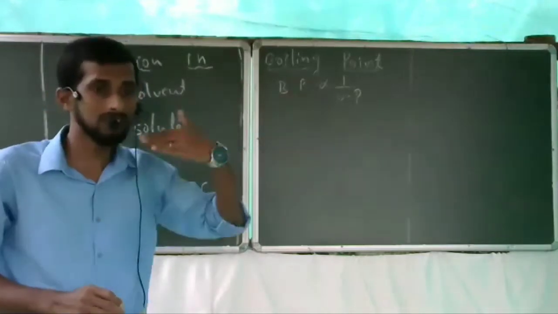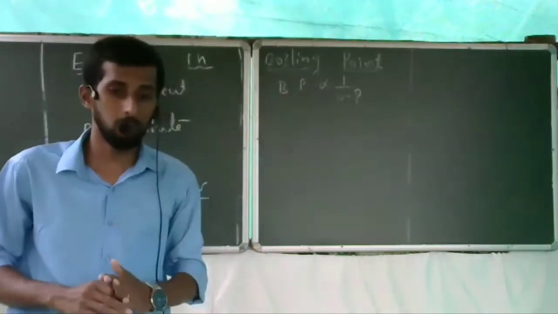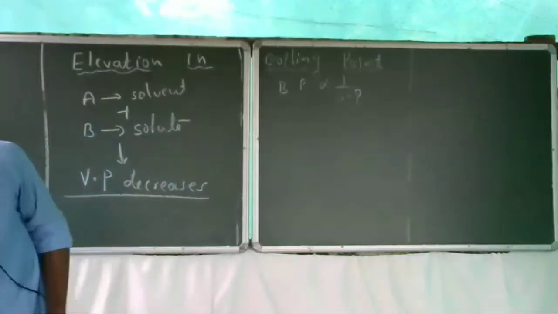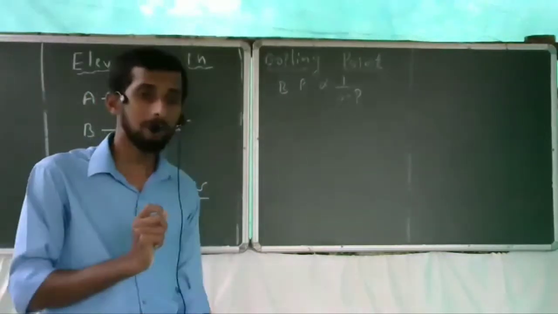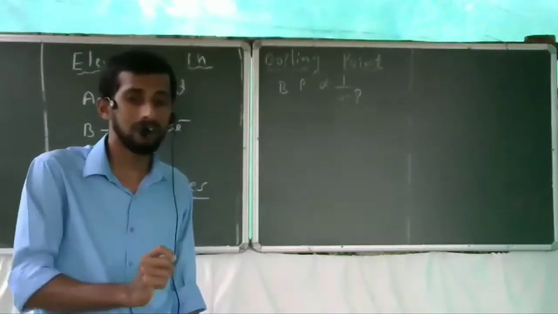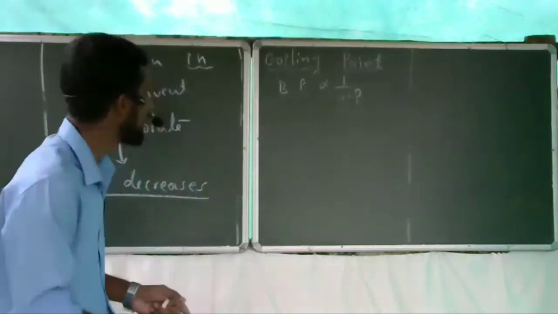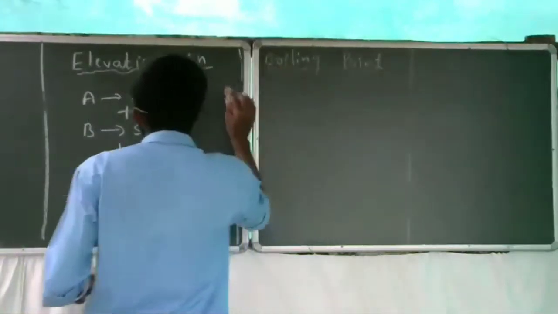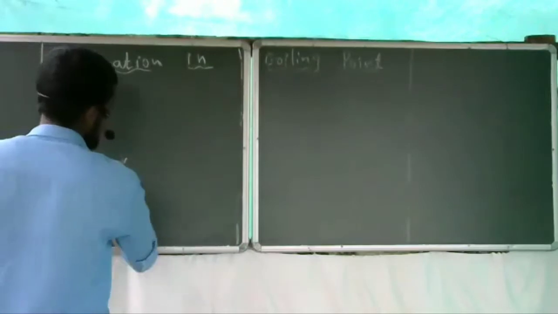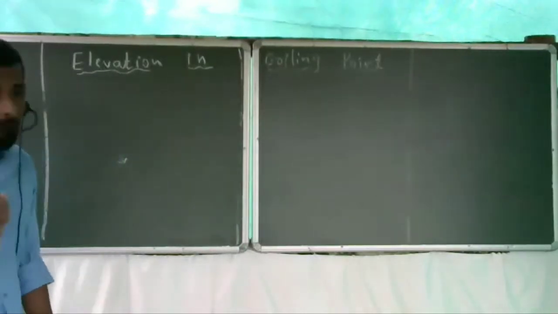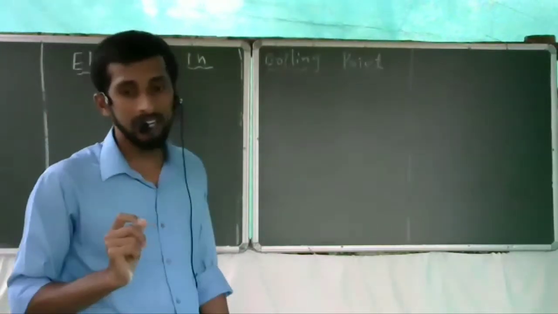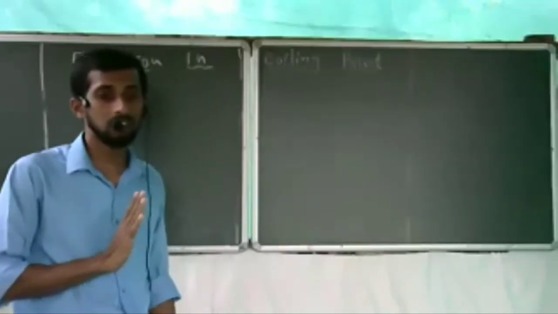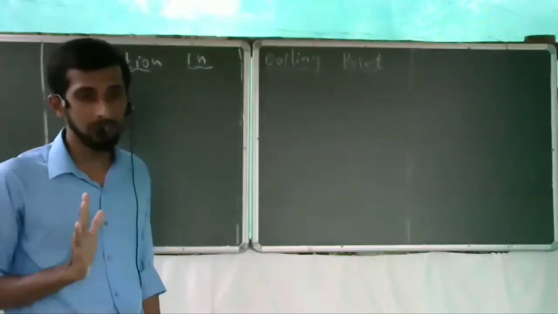Okay, we'll discuss what is the meaning of increase in boiling point. That is not just an increase in boiling point of the solution. We are comparing boiling point of pure solvent with that of the solution. Okay, let's discuss that point. What is the actual meaning of elevation in boiling point? Okay, so remember that point. If you add a non-volatile solid to volatile solvent, vapor pressure decreases.